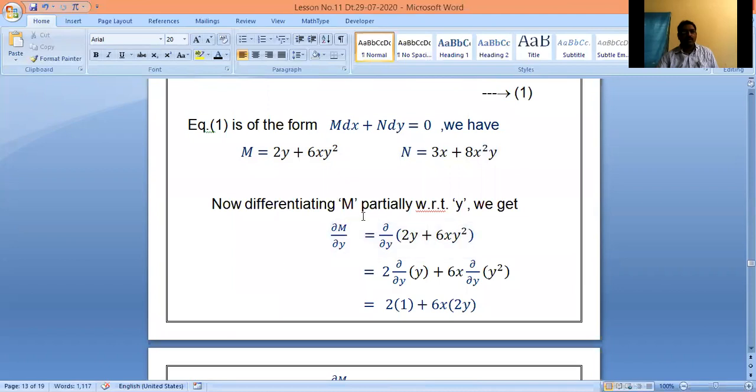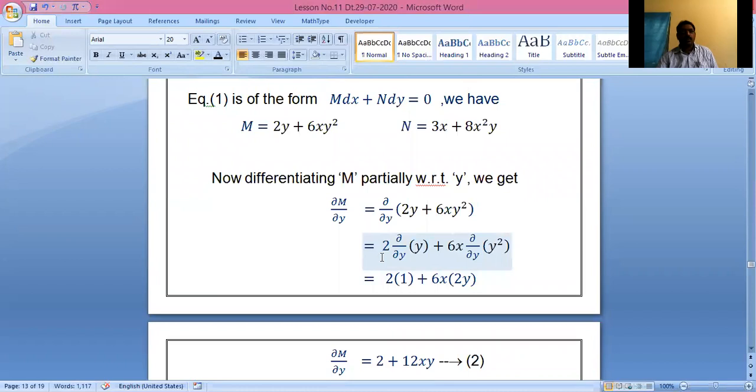Now differentiating M partially with respect to y, we get ∂M/∂y = ∂/∂y of (2y + 6xy²). Here, differentiating partially with respect to y, treating x as a constant, that implies 2 ∂/∂y of y.